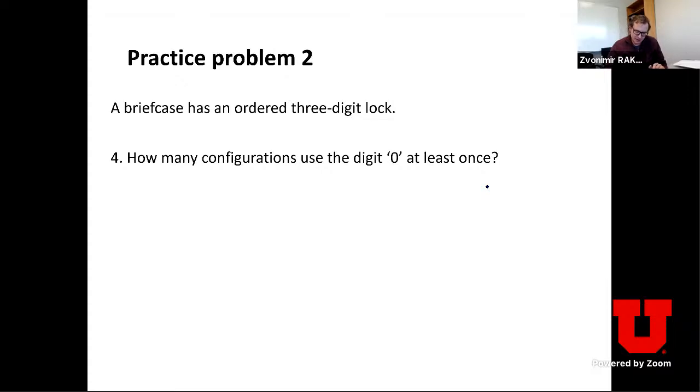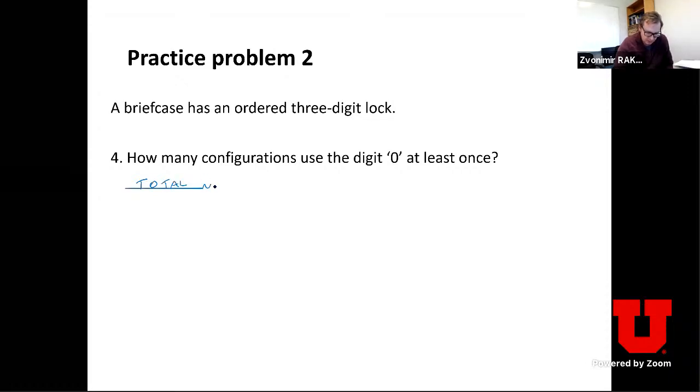So we can calculate this number by calculating the total number and subtracting from it the opposite of using digit 0 at least once, minus the ones that do not have 0. So this will give me the answer to this problem.